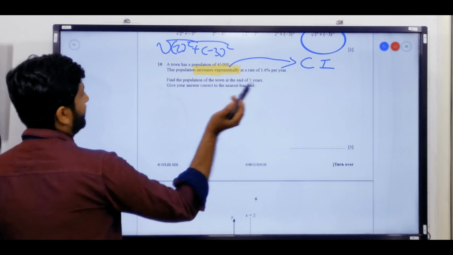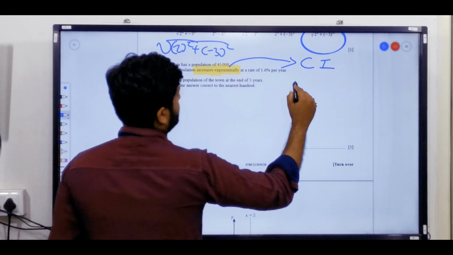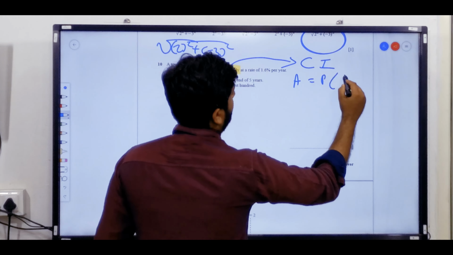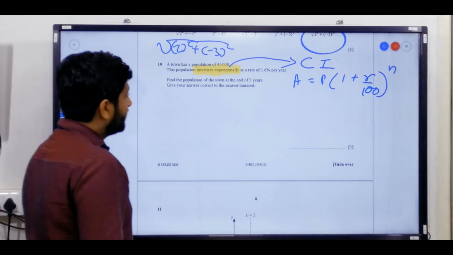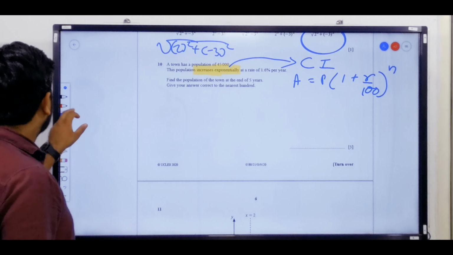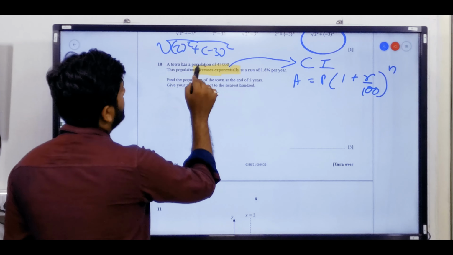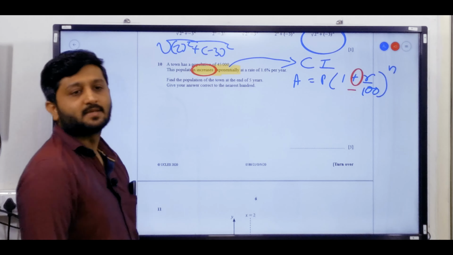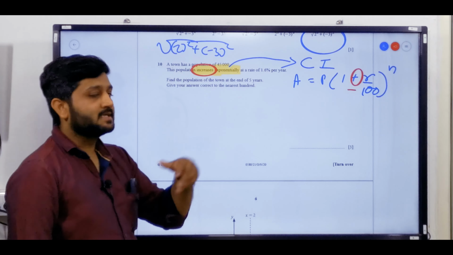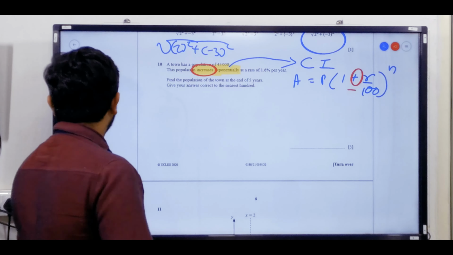What is the formula of compound interest? Amount is equal to principal times (1 plus r upon 100) power n. Few things to take care. If this had been a decrease, instead of plus we would have used a subtraction sign, but as it is increasing, we'll use the same sign.